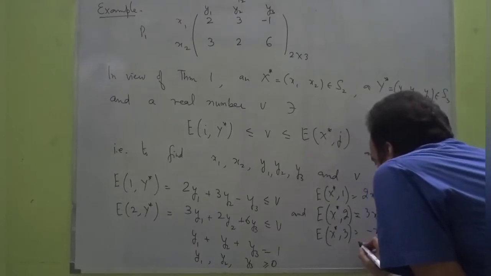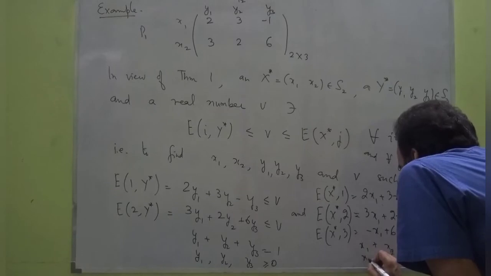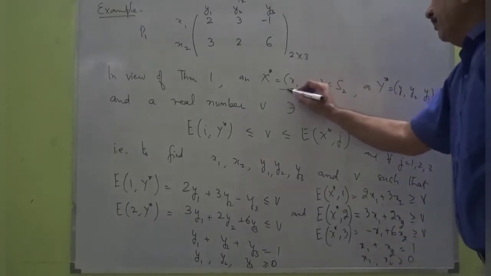Now again, x1 plus x2 should be equal to 1, and x1 and x2 should be non-negative because this x star belongs to S2.